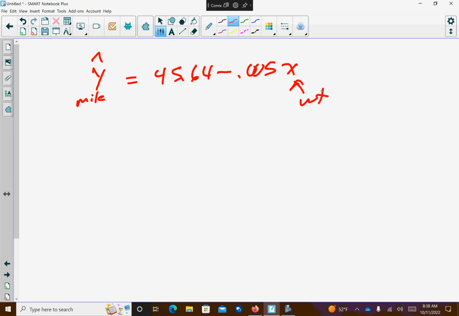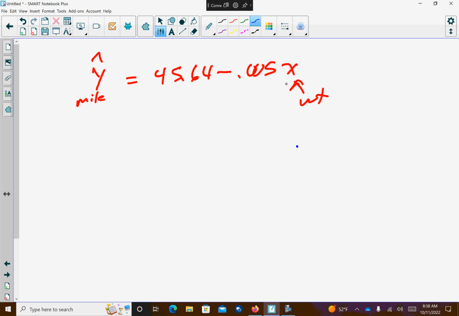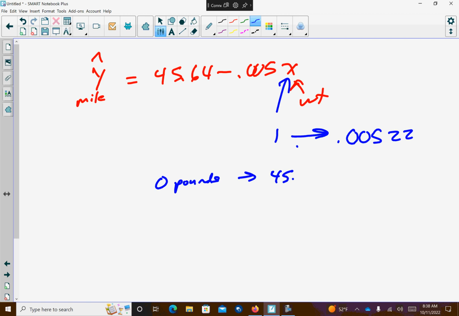So if I increased 1 pound of weight, if I plugged 1 in here and I did the math, that would result in me getting this much less mileage. Okay? Because it's a negative correlation. So a truck that weighs 0 pounds, if you have something that weighs 0 pounds, it should get 45.64 miles per gallon.